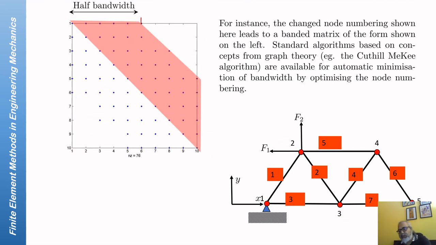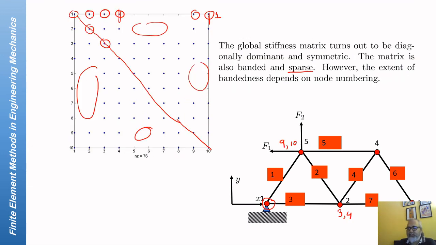This I just showed to demonstrate to you that you can cleverly number the nodes and reduce the bandwidth, but we are going to go back to this numbering. And in this numbering, we had only forces applied at the nodes. No forces were present at any of the nodes except at node 5, where the force in the x direction is minus F1 and the y direction is F2. So that's the only force that we have.